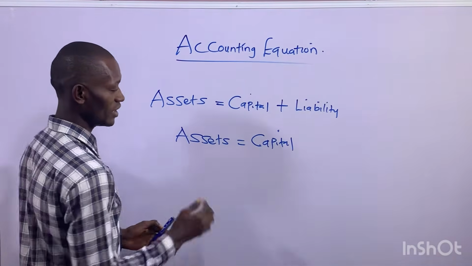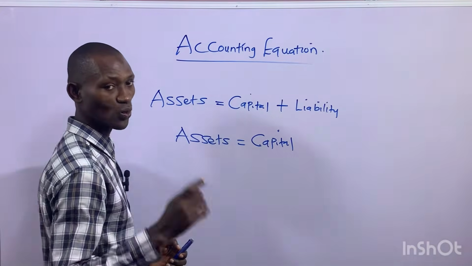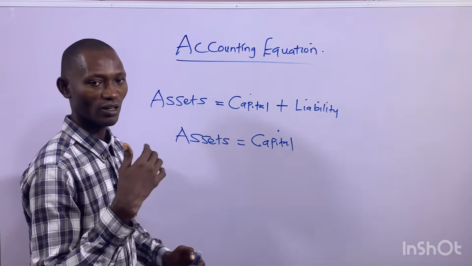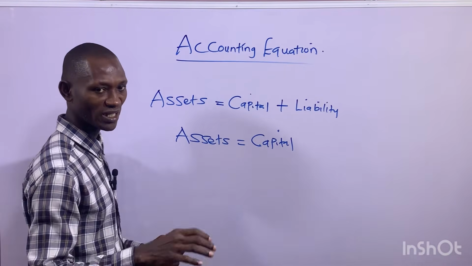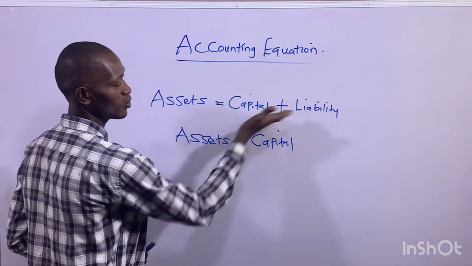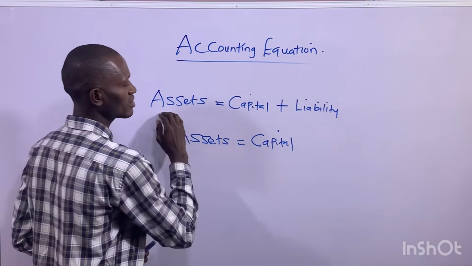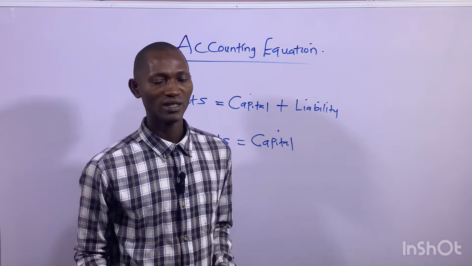So in that case, I wanted to express it here, which I already expressed. Where the assets are acquired or purchased by the money that is provided by the owner as well as the outsiders, then you have the accounting equation to be this. And this is applicable to large scale businesses.